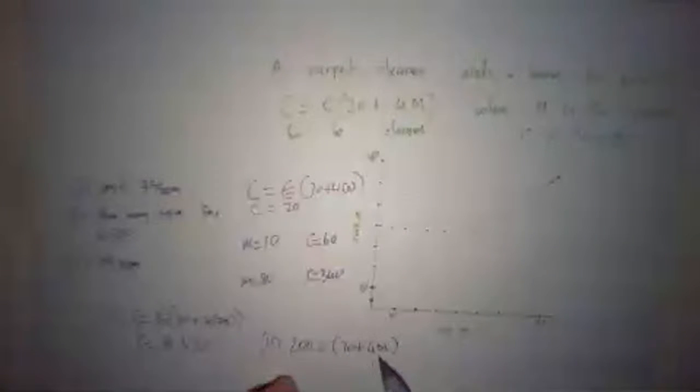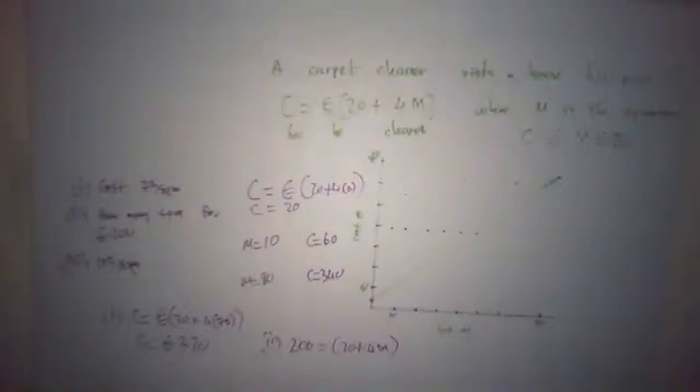If we're right, then 200 is equal to 20 plus 4m. So let's rearrange this. That's 180 divided by 4, which is 45. Okay, we were right. So M is 45 square meters you could get done.